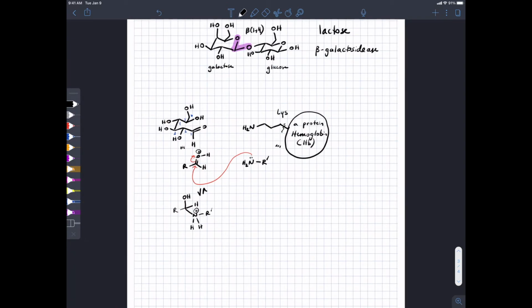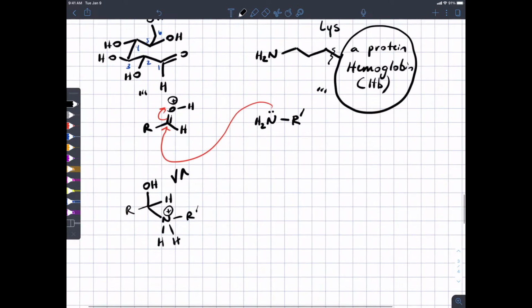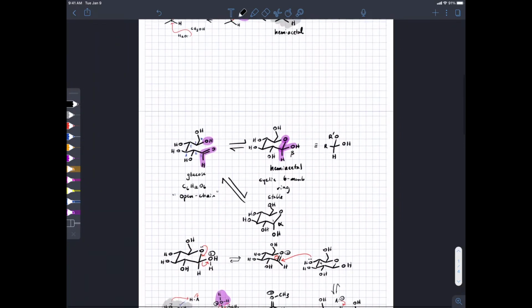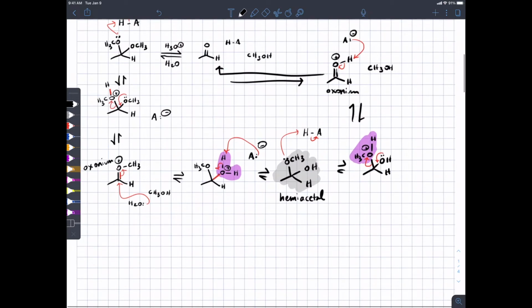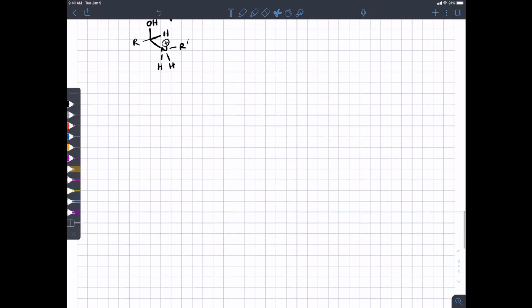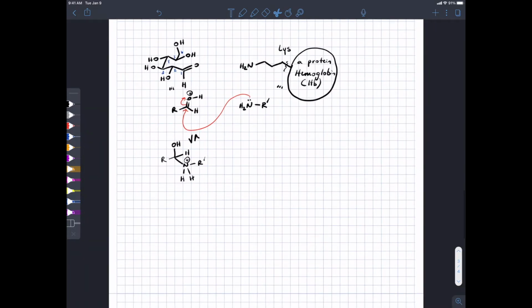So I'm going to jump up real quickly. We'll come back here. But I'm going to jump up and copy a previous intermediate from acetal formation. What we've drawn here for the amine attacking the carbonyl carbon should look exactly analogous to this intermediate from acetal formation.